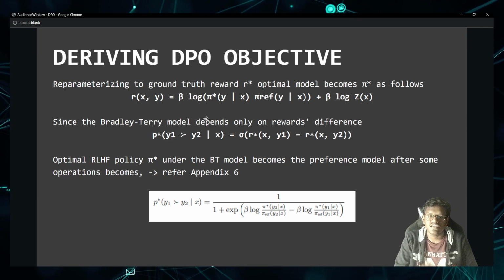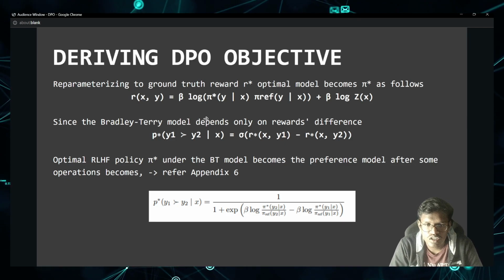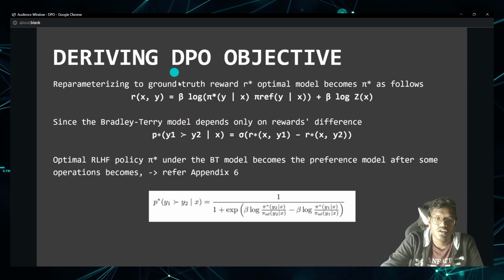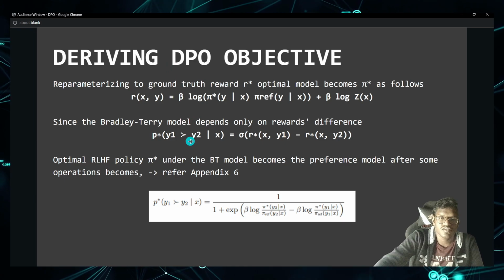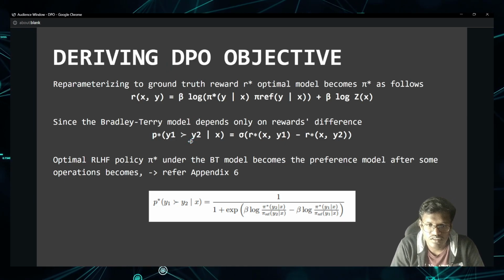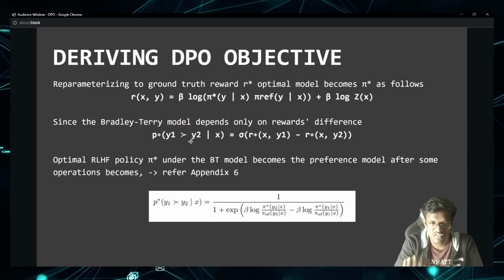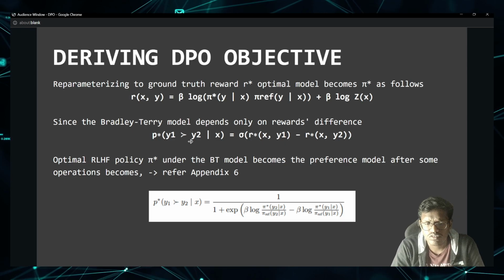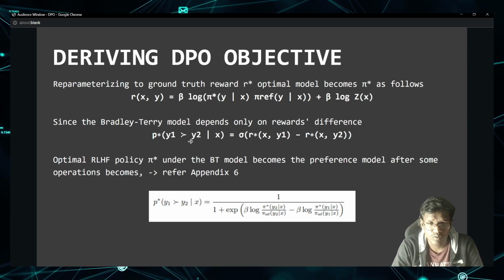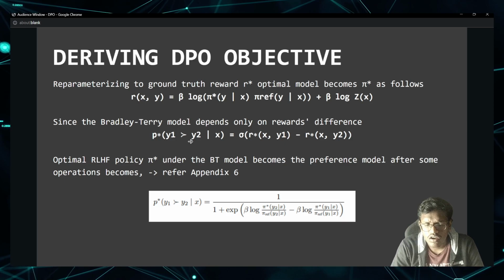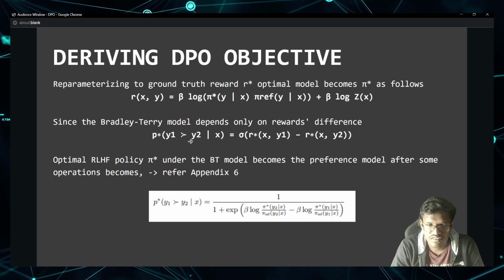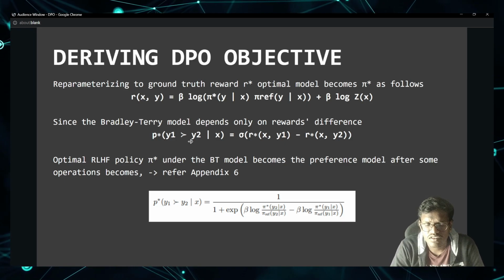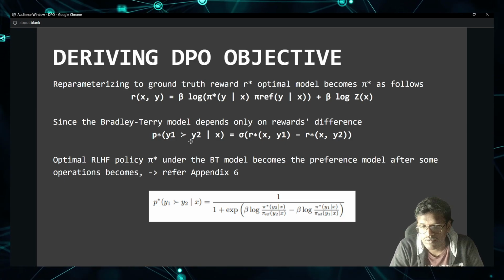Substituting this r star of x comma y, which is in the second equation on this page, we attain the following result. p star of y1 greater than y2 given x will be equal to 1 by 1 plus exponential of beta log of pi star of y2 given x by pi ref of y2 given x, minus beta log of pi star of y1 given x by pi ref of y1 given x.